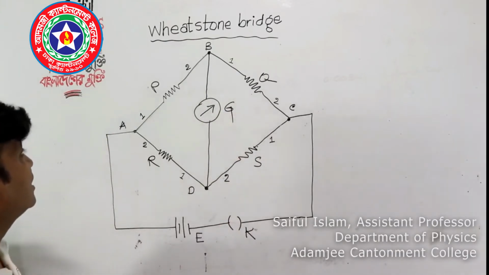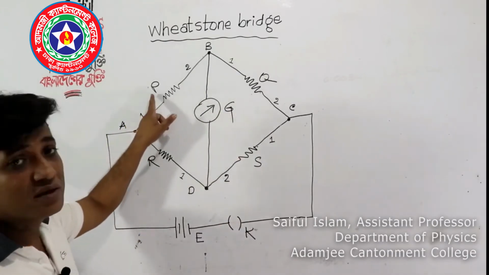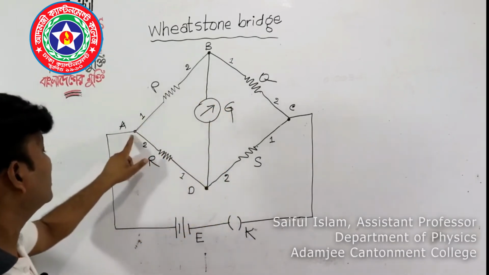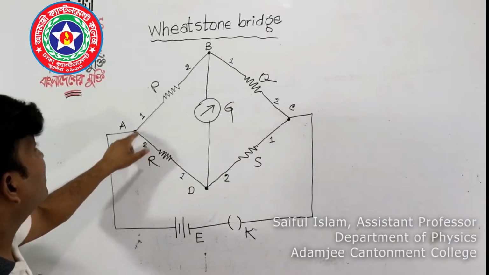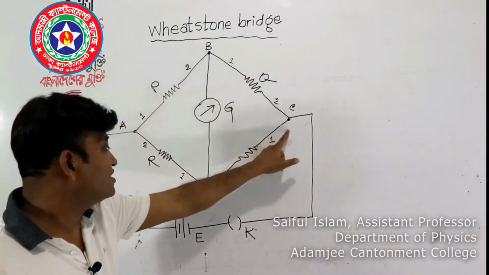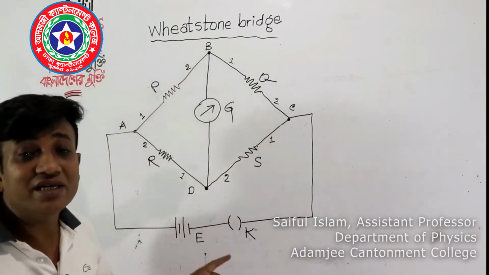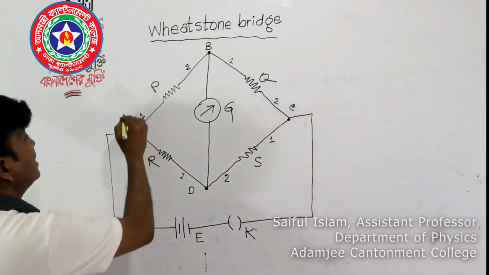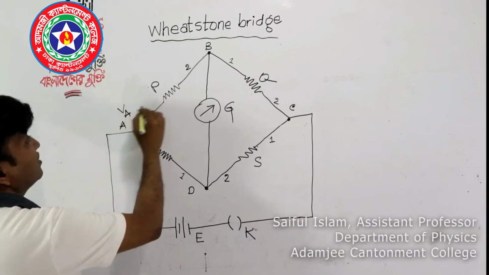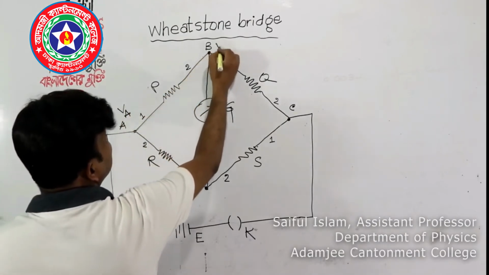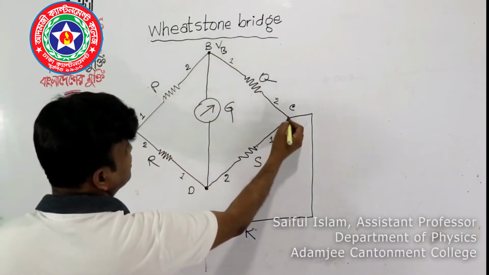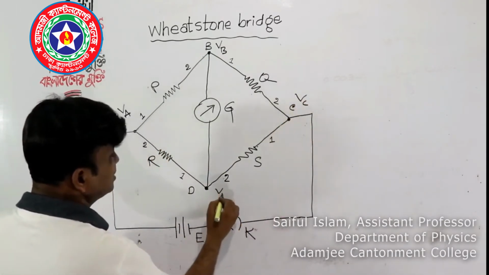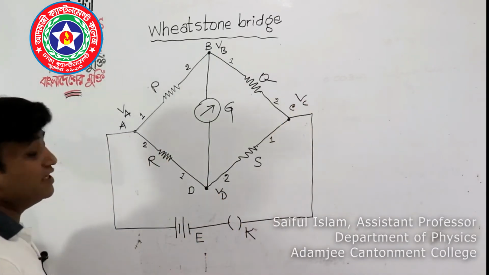Now, by controlling P, Q, R, S, the potentials at points A, B, C, and D are fixed. Suppose at point A the potential is VA, at B it is VB, at C it is VC, and at D it is VD.